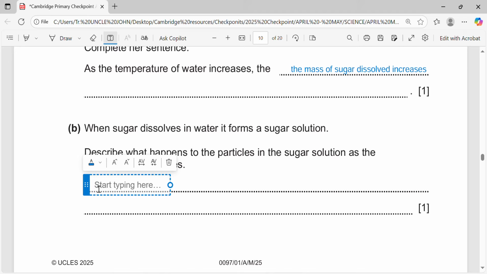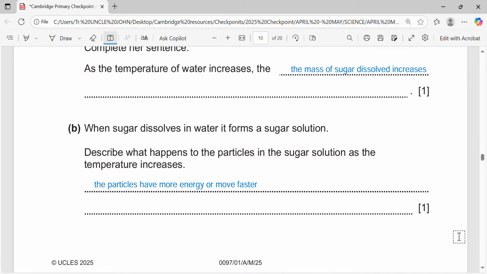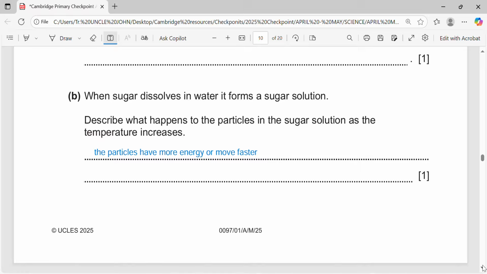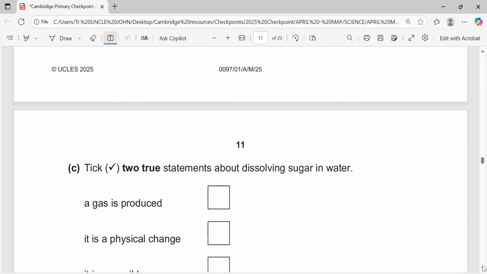Say the particles have more energy or move faster. C.